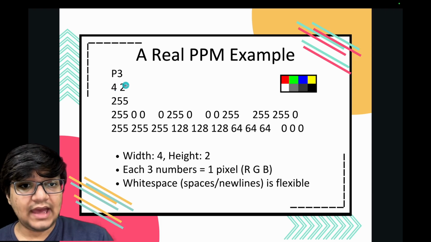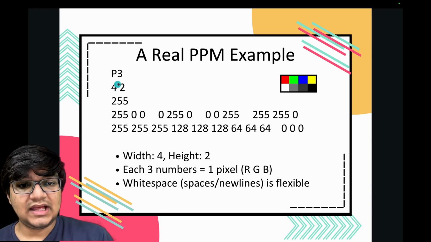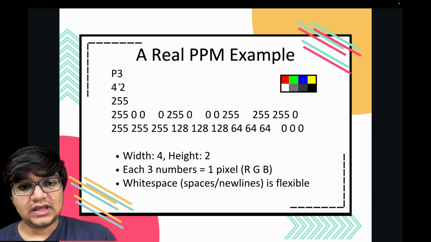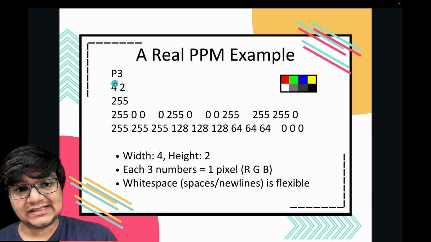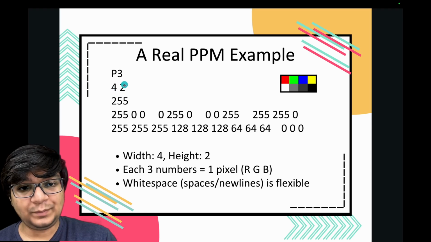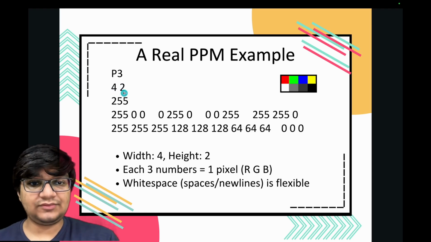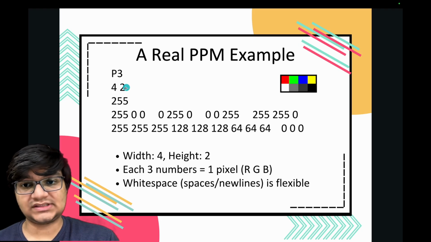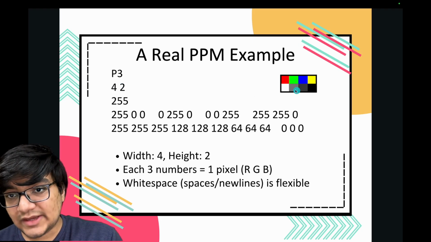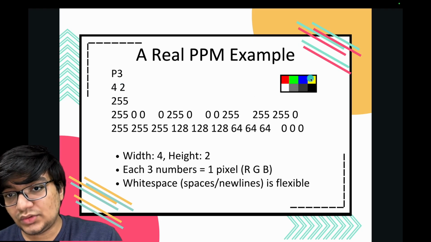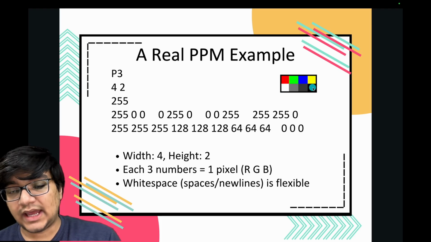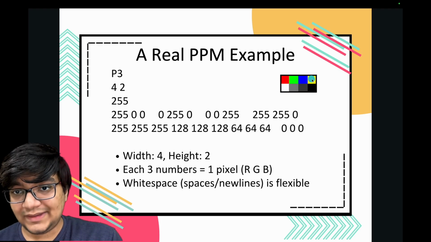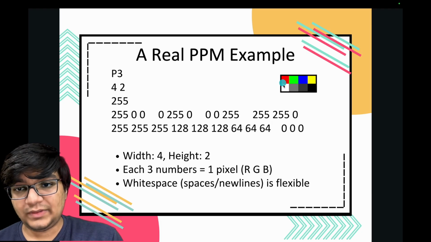Now we have this 4 2. This tells the reader that the image is 4 pixels wide and 2 pixels high. So the width is 4 pixels, the height is 2 pixels. You can see this image right here: red, green, blue, yellow, white, light gray, dark gray, and black. So this image is of 4 pixel width, 2 pixel height.